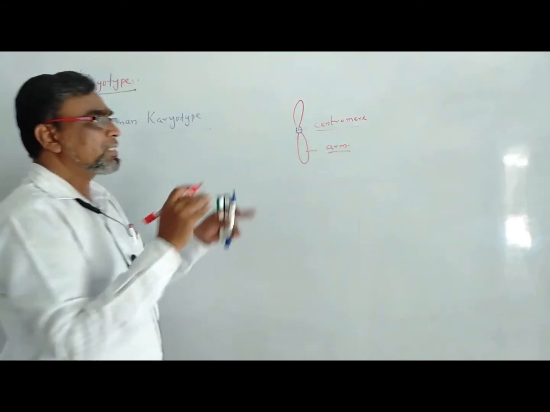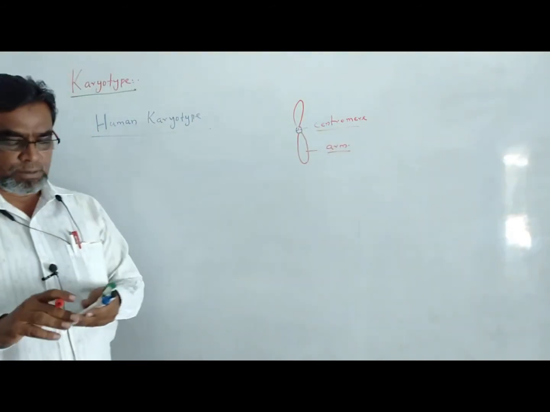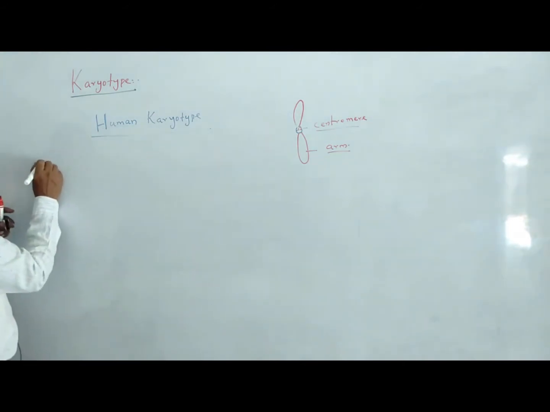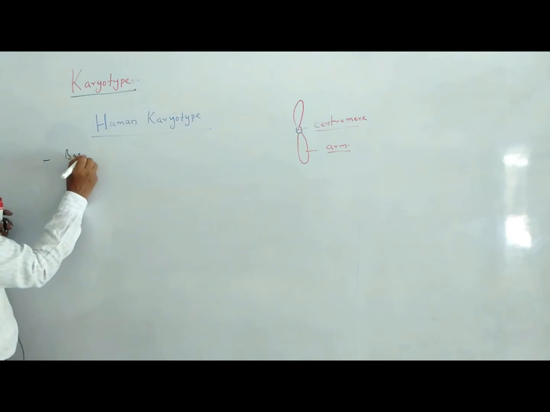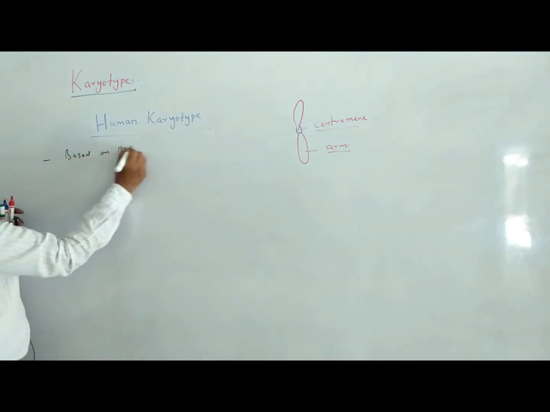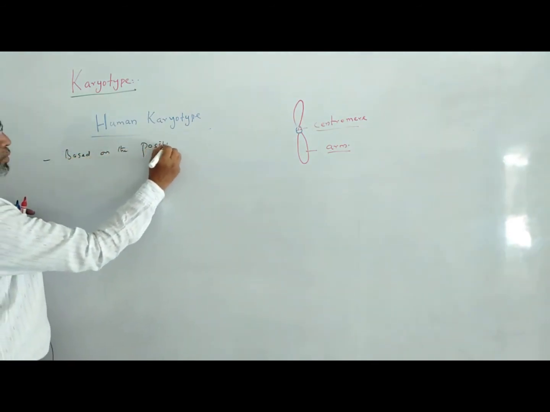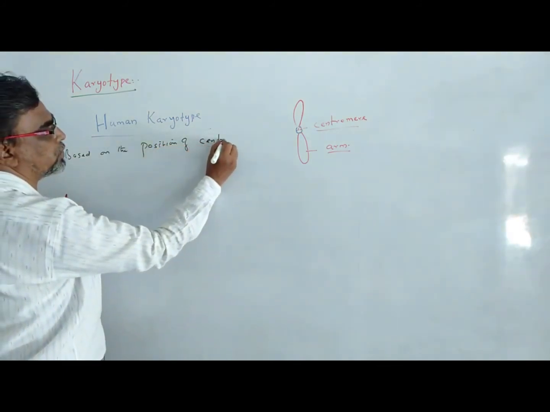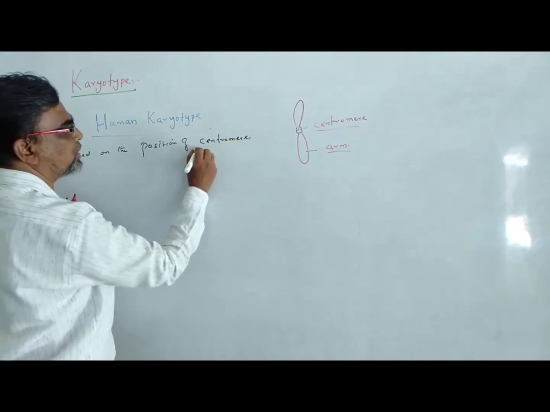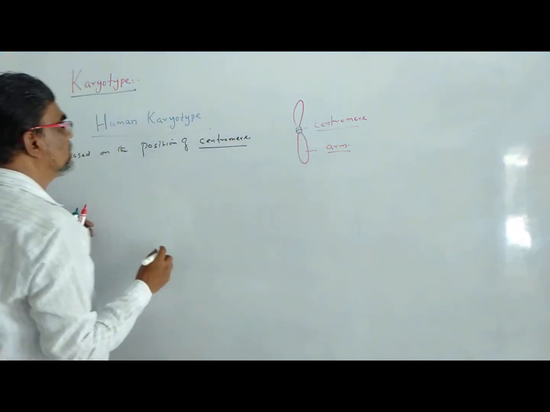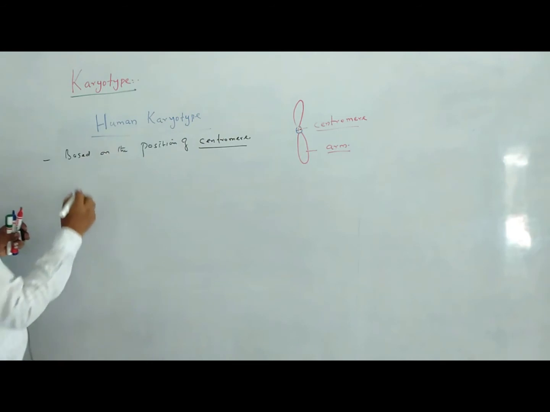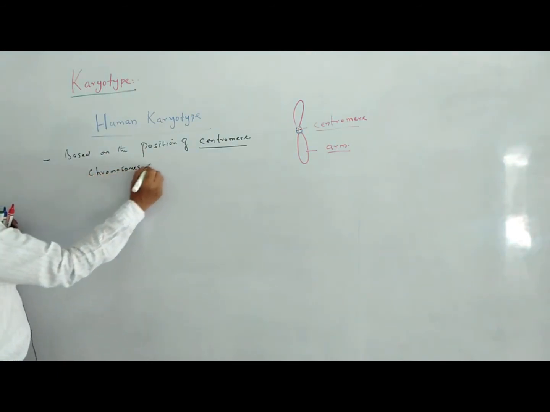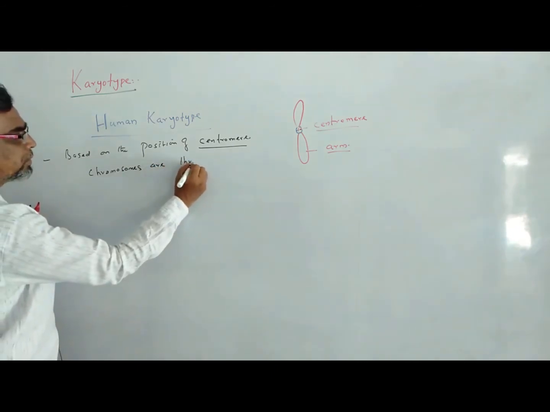Based on the position of the centromere, just listen carefully, students. Based on the position of the centromere, the chromosomes are of three types.